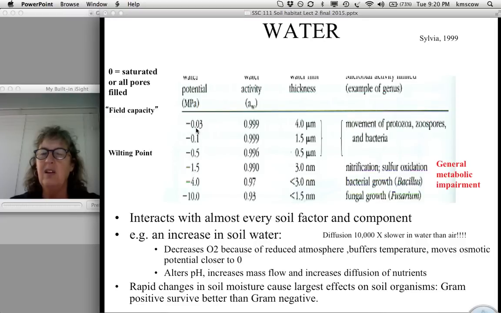And here's field capacity. Let's just focus on the wilting point, where plants are pretty much not going to be able to obtain water from the soil anymore. It's going to be held so tightly. You're still going to have a lot of microbial activity.